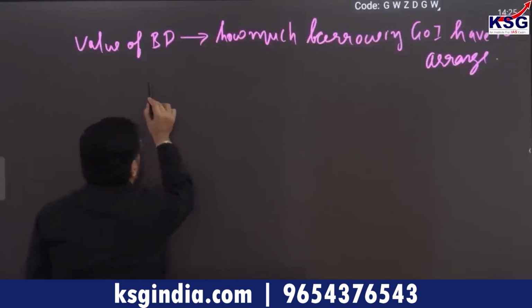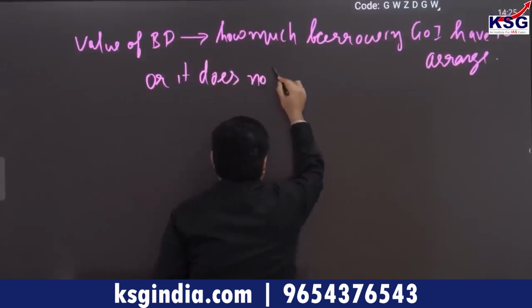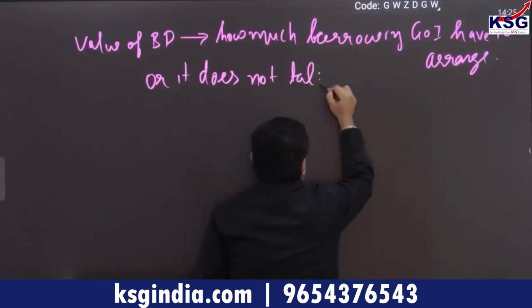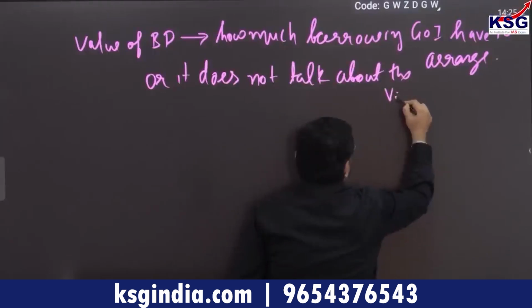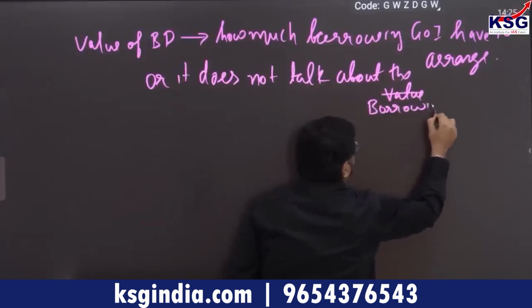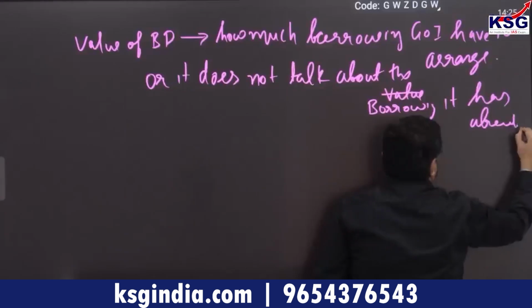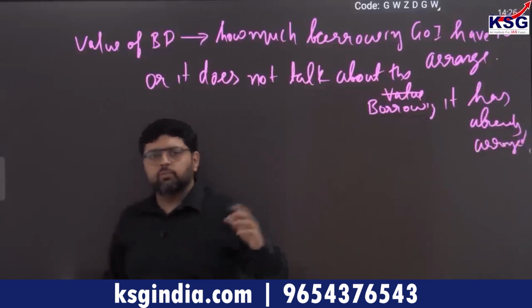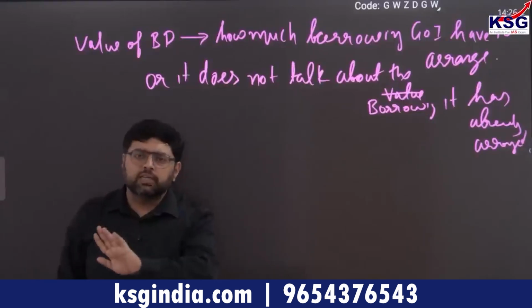Or you can say it does not talk about the borrowing it has already arranged. Clear? So ultimately you have already arranged some borrowing for the upcoming financial year. So ultimately that value, budget deficit, does not talk about it.